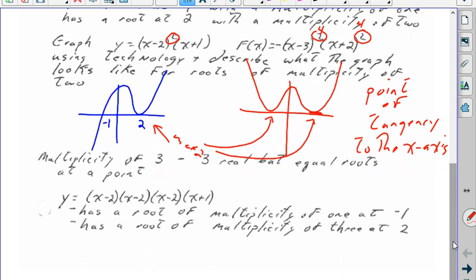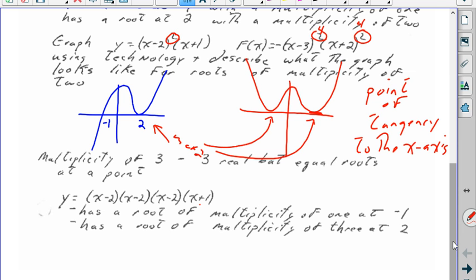Now, a multiplicity of 3 would be x minus 2, x minus 2, x minus 2. So here we have, again, roots. We have a root with a multiplicity of 1, at negative 1, for your x plus 1. And then you have a root with a multiplicity of 3 at positive 2.